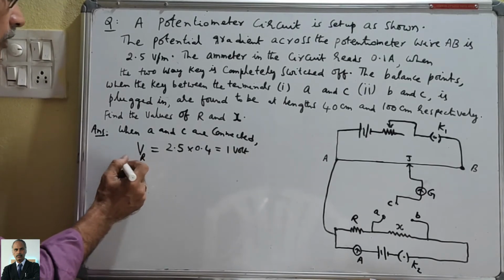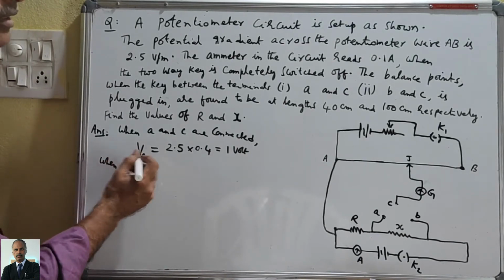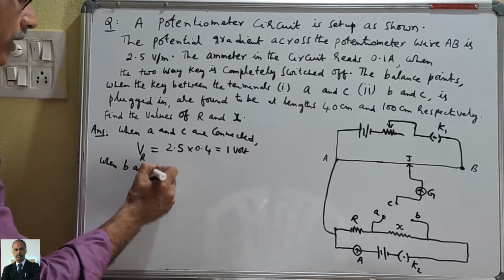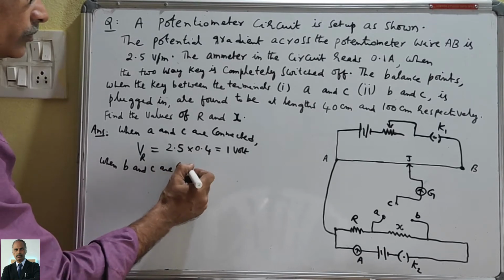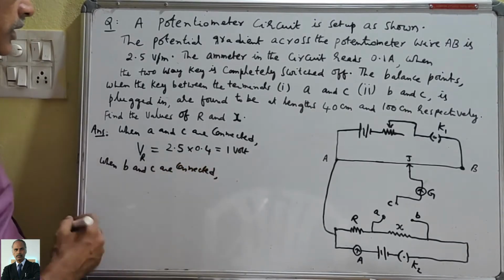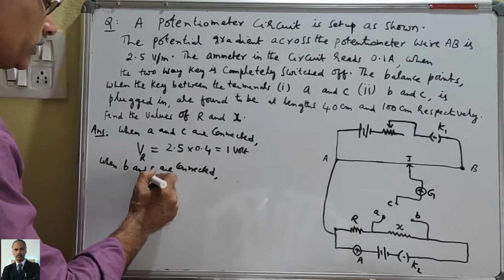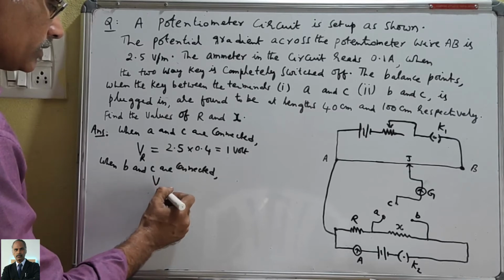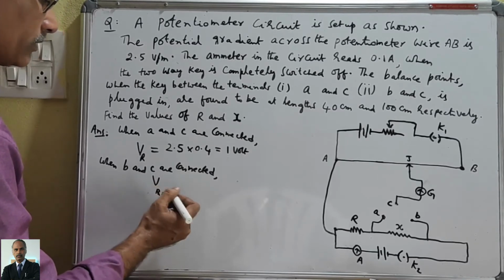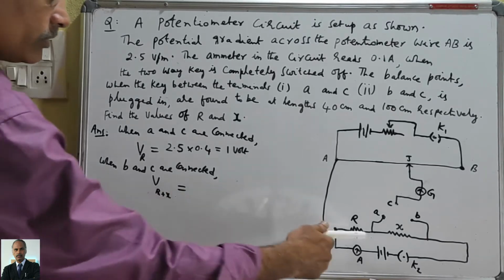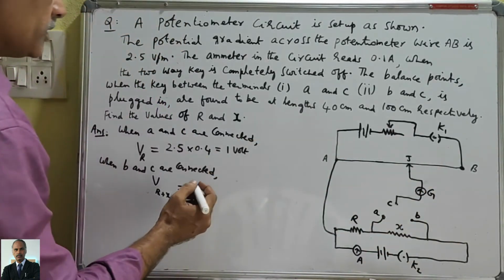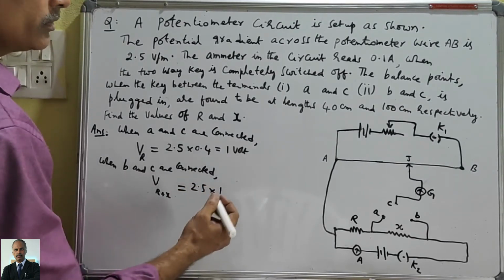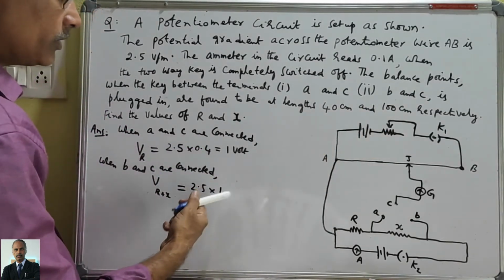Therefore, when B and C are connected, the potential difference across both R and X together is equal to 2.5 into 1 meter. Actually it is 100 centimeters, you have to convert into meter.